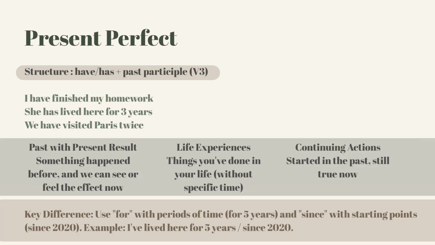So when we use present perfect, it's something that's done in your life or something that happened before and it still affects you. Let's say that I have seen that movie, it was really nice. It's still affecting you. You have seen that movie, you remember it.